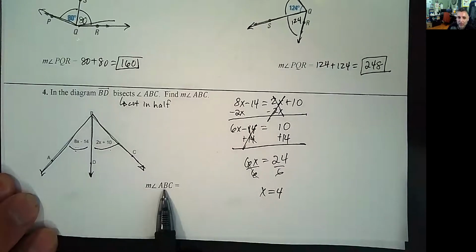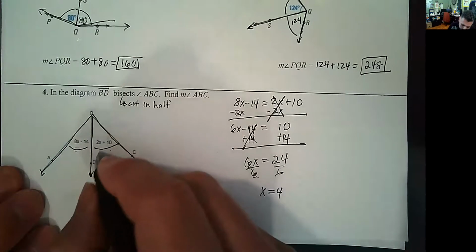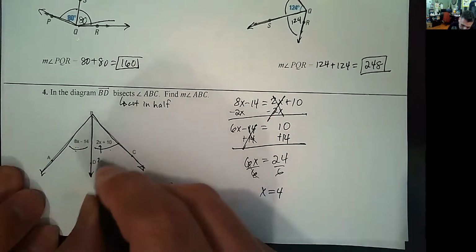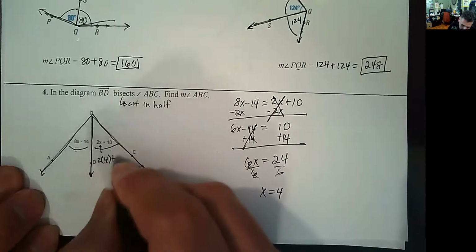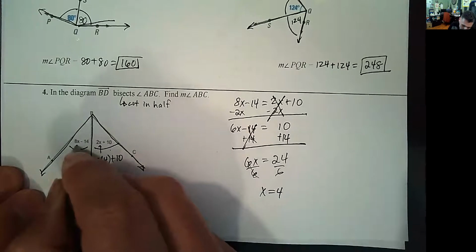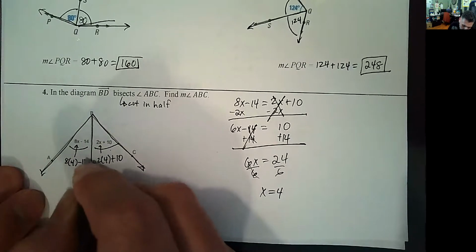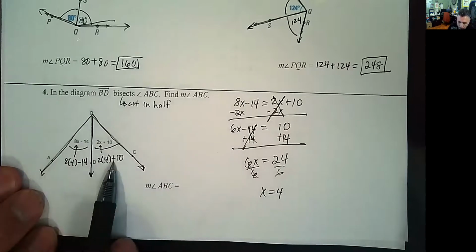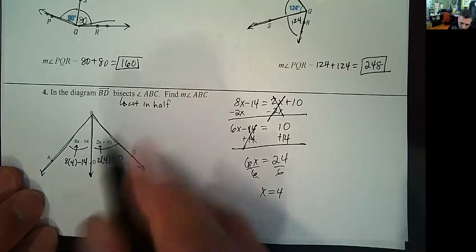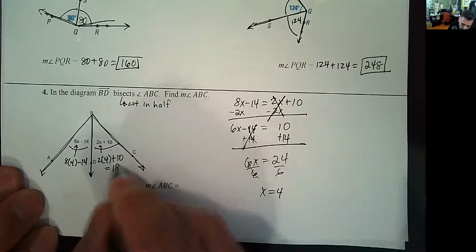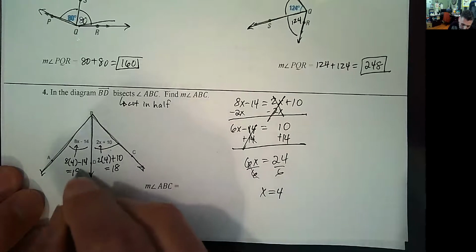We're looking for the measure of angle ABC. I'm going to take my 4 and put it back into this expression. And you can choose which one you plug it into. It doesn't matter which one you plug it into. You will get the same value. You're going to get 18 on this side, going to get 18 on this side.